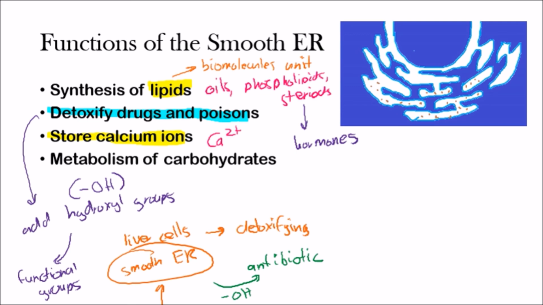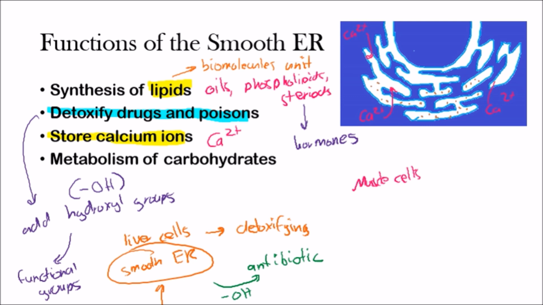Okay, so anyways, what happens is that in muscle cells, there's going to be calcium ions, which are kind of just, whoops, let me draw this better. You have calcium ions which are floating through the cytosol, and then these calcium ions are going to be pumped into the smooth ER, like this.